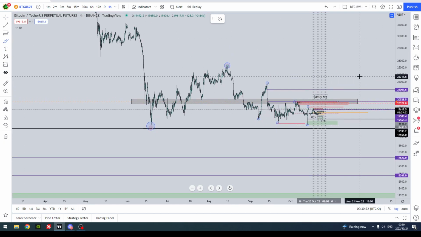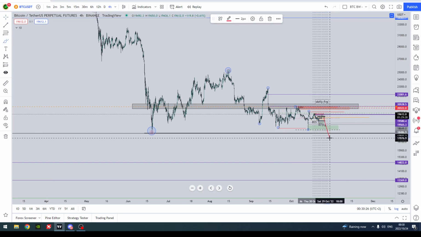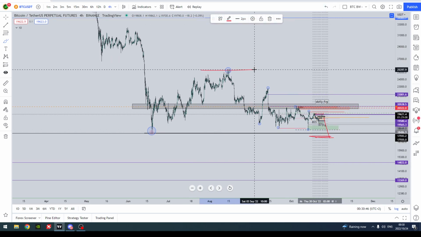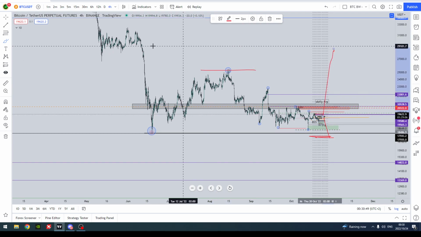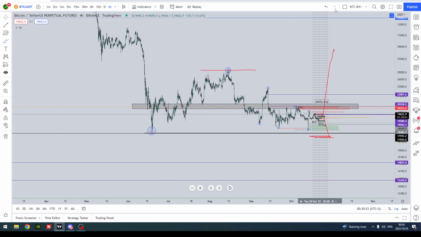Right, recap before I end. Provided that we don't make a lower low here, these levels should be safe. If we fail, if we start to hold this area here, we fill in the daily fair value gap, and then we roll over, which confirms this as a lower high. Failure to roll over at any point and make a new lower low here leaves this on the table, and price pushing up into this area as high as 28k, right?